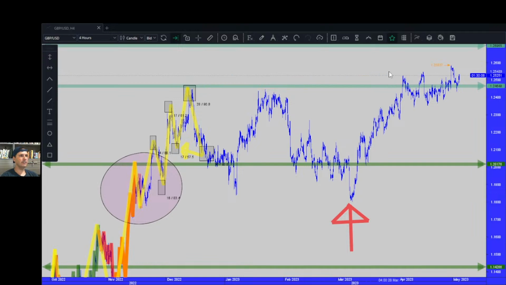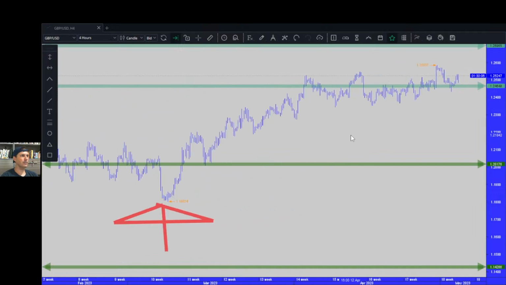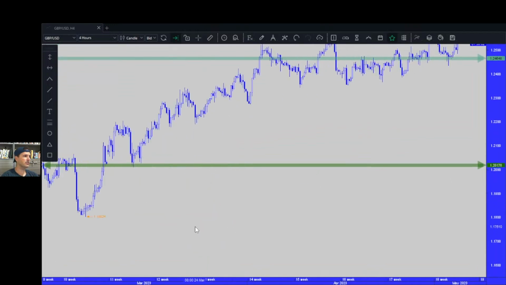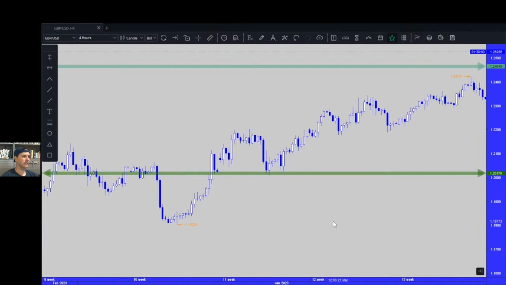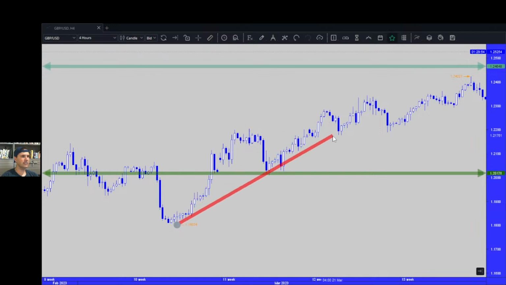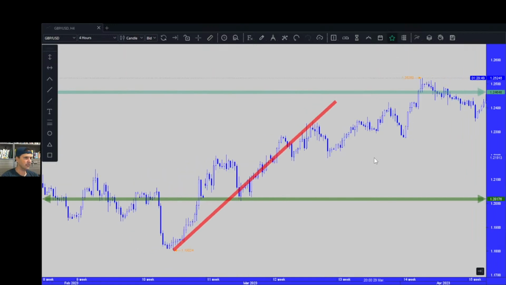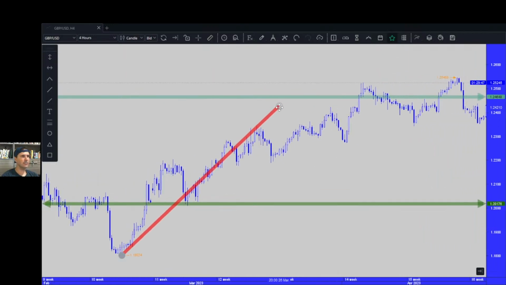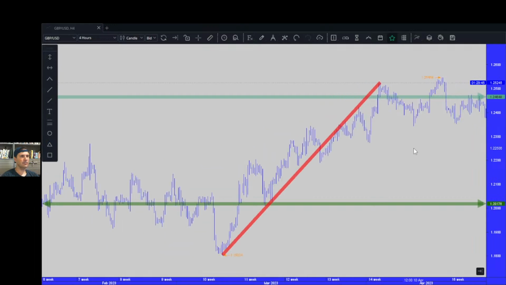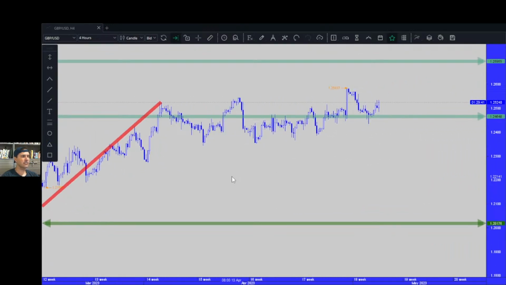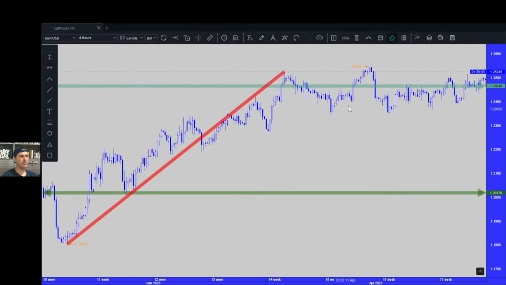Now that being clear, everybody, how are we going to make money out of GBP USD 4-hour chart? Okay, same story. Higher highs, higher lows. Is this a downtrend? No, it's not. Is this a downtrend? No, it's not. Is this a downtrend? This is the first extension, retracement, extension.